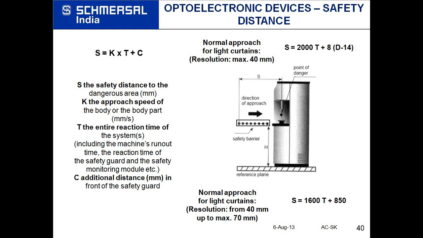This formula is available with most of the manufacturers of safety devices, but I have seen nobody calculates this safety distance, and they mount the safety light curtains at a distance which is not appropriate. So we should take care that they are mounted at the correct safety distance.